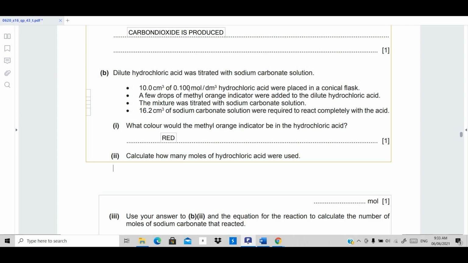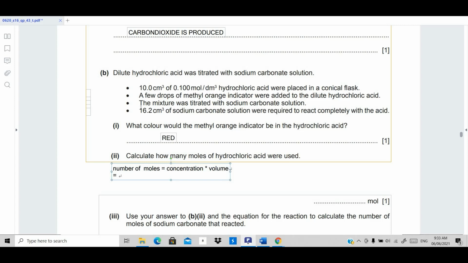Basically the concentration and volume are given, so we write the equation: number of moles equals concentration times volume. Now remember one thing, you need to check the units also.